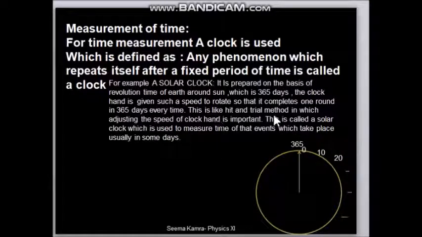This is like a hit and trial method in which adjusting the speed of the clock hand is important, and this solar clock is then used to measure the time of events which usually take place in some days. In the same manner, we can prepare clocks which measure time in seconds or hours. So this is the concept of a clock.